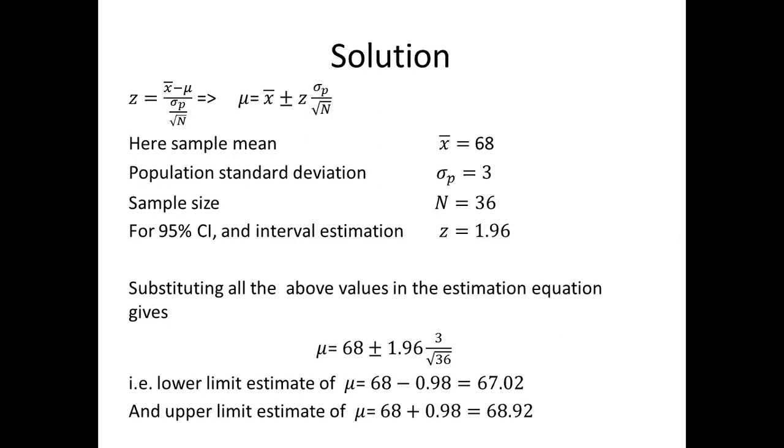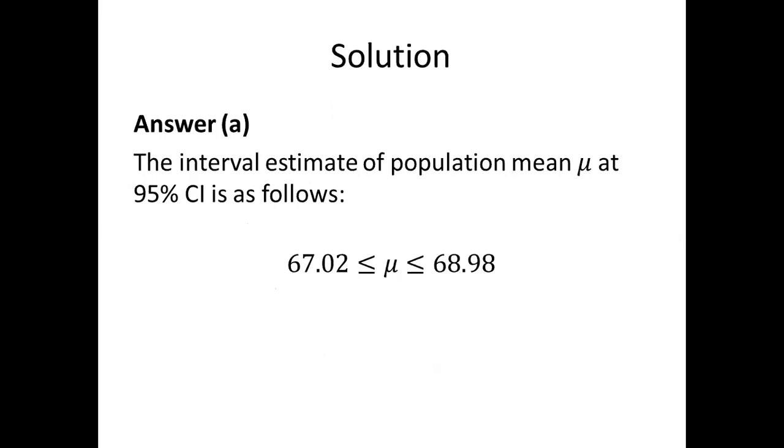The value 68 minus 0.98 is the lower limit estimate of mu, and 68 plus 0.98 is the upper limit estimate of mu. So we get two answers, 67.02 and 68.98, which can be interpreted in this way: the interval estimate of the population mean mu at 95% confidence is from 67.02 to 68.98.